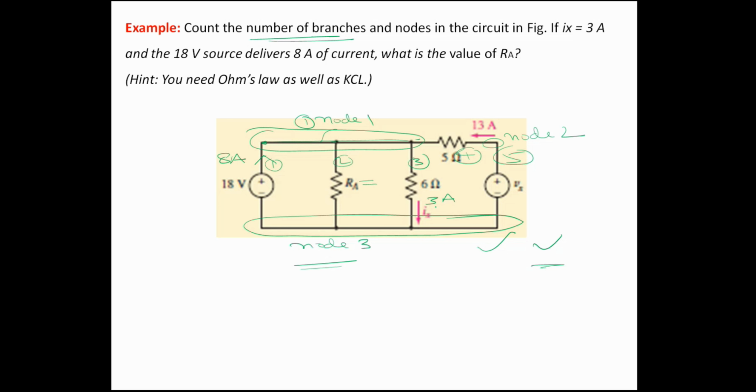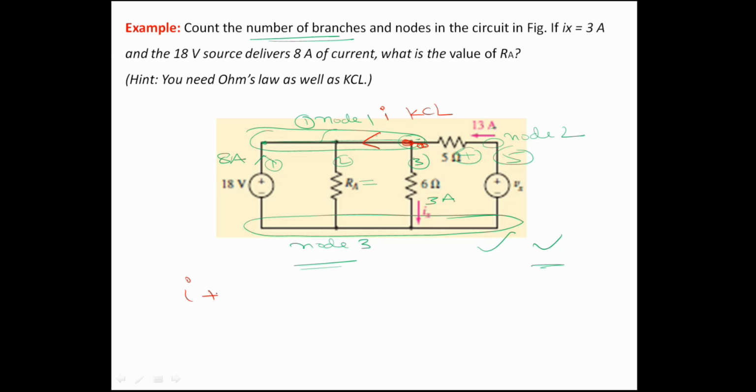This is 3 amperes of current and this is 13 amperes of current at this node. If you apply KCL at this node, let the current here be some current I. Then I is leaving, and 13 is entering and Ix is entering.